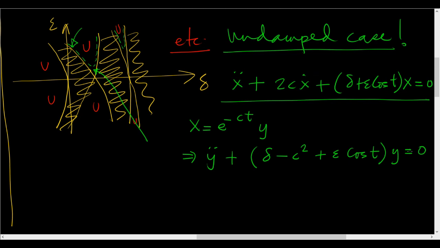Okay, so now this is just the Mathieu equation in disguise, right? Where I had delta, now I have delta minus c square. There is a horizontal shift to the old stability picture. There's just going to be a horizontal shift, right? So previously where I had stability at delta equals 1/4, now I have that same place at delta minus c square equals 1/4. Okay, however, remember that the stability boundary for y is not the stability boundary for x.